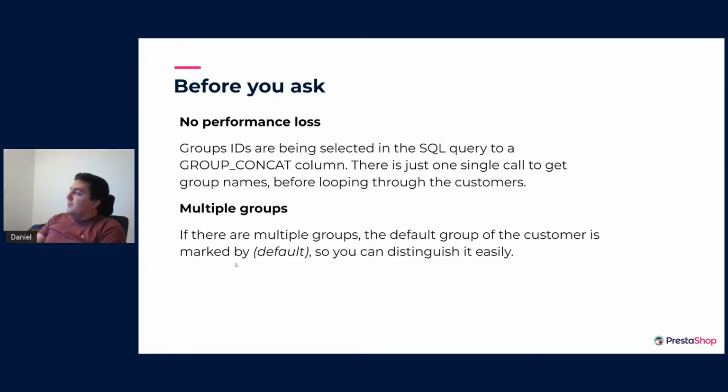I just made a group concat of the group IDs to one column, and then I explode it in the PHP and assign the names. So there are no extra queries. There's just one single query to get the group names and then assign it in the loop, but there is no more performance loss. And as I said, if there is more than one group, you can see which one is the default by the word default.